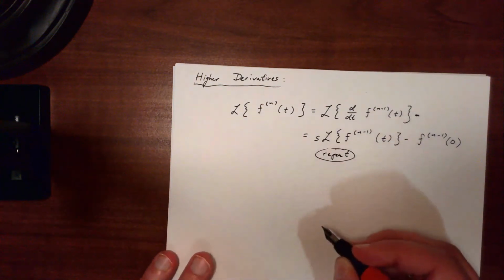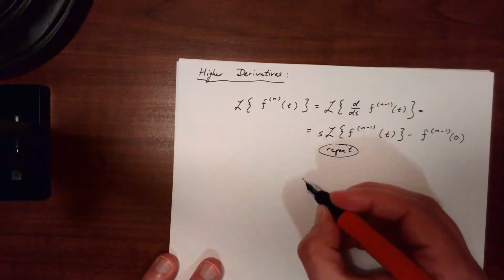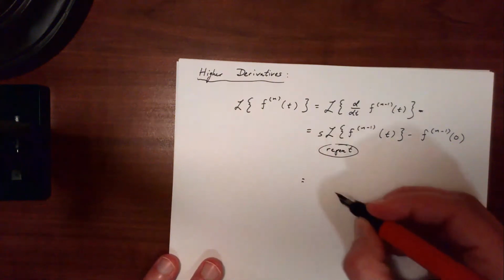So we are just recursively going to be repeating this process until we reach the end of our derivatives, and so dot dot dot.